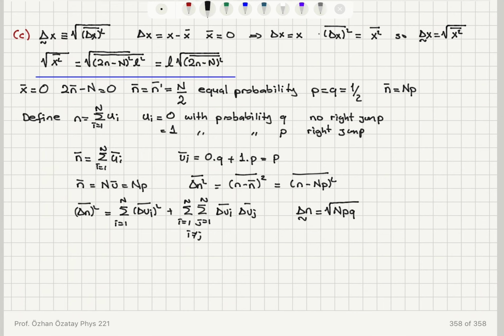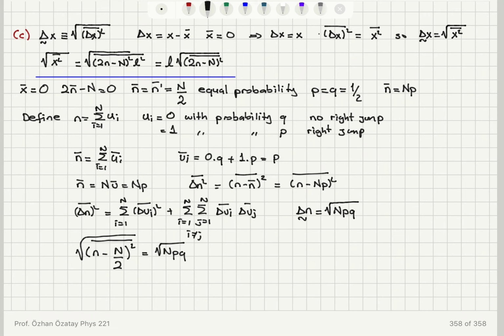So this was basically the same calculation that we did in the lecture. So delta n tilde is, on the other hand, in our case, n minus N over 2 square average value square root. So this is equal to square root NPQ.